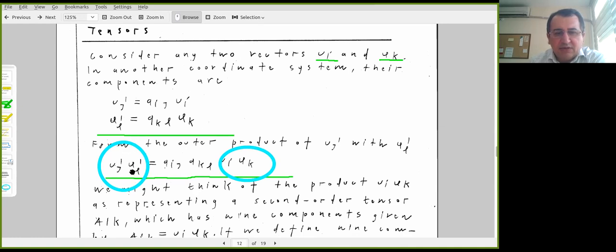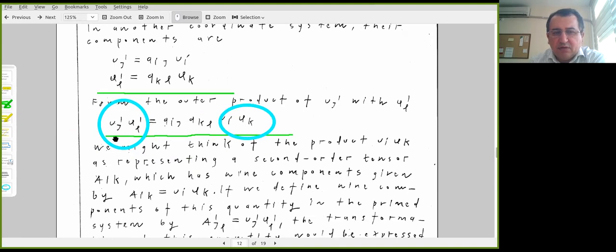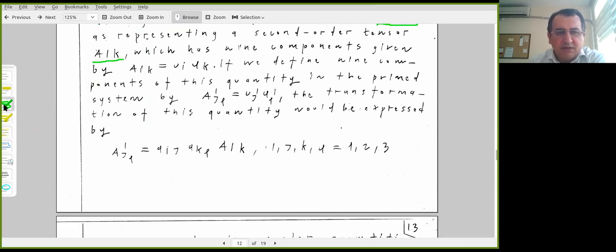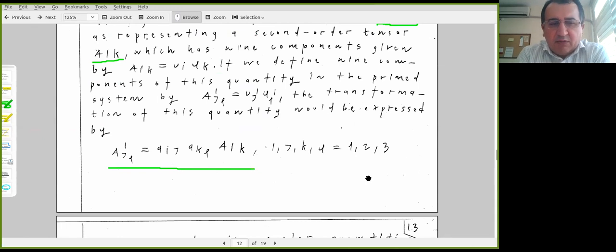And these are the elements of the tensor in the primed coordinate system. And we are denoting this outer product ui times vk by A ik. And the other one then, of course, is A jl prime. And the formula is actually in this form. A jl prime is aij akl A ik.